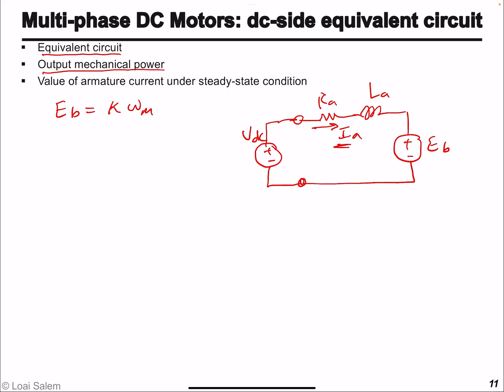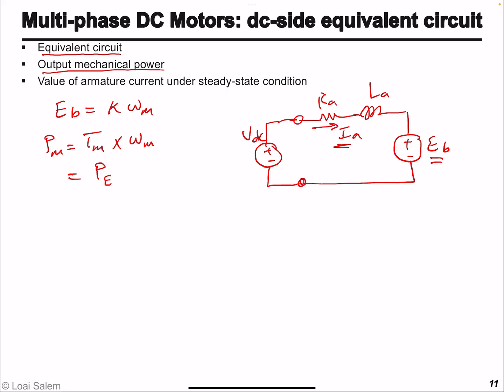Now if we look at the mechanical power produced by the motor, we said it's the product of the torque times the angular velocity of the rotor of the motor. We'll find that this is going to be equal to the electric power provided to the motor.